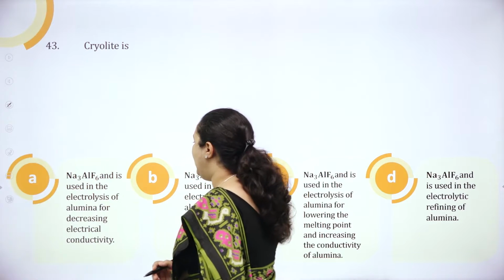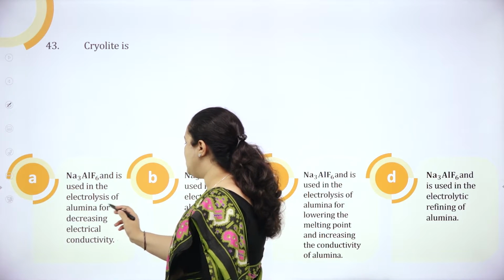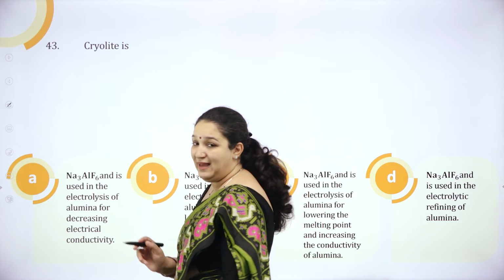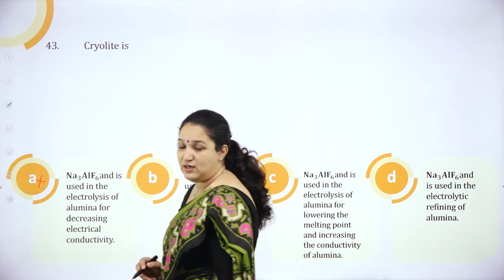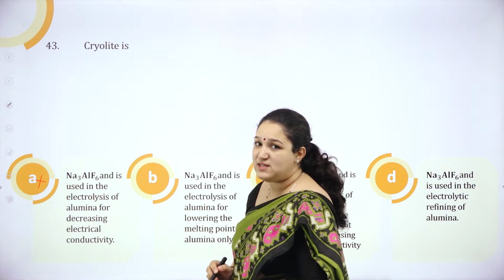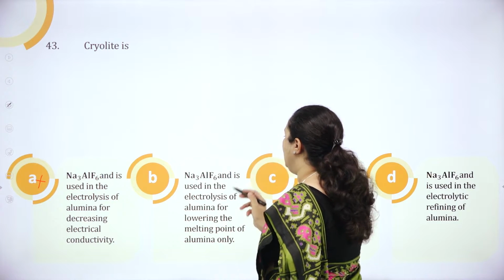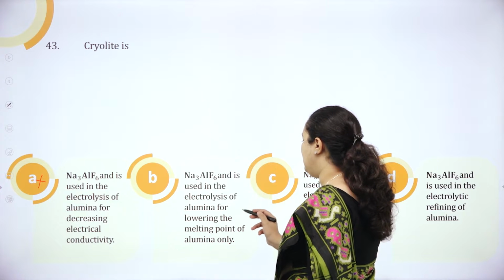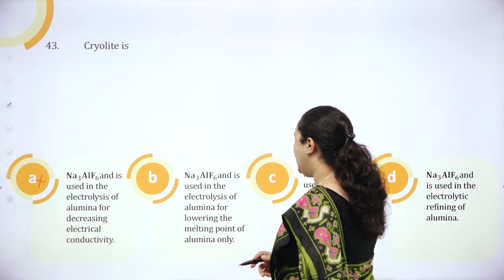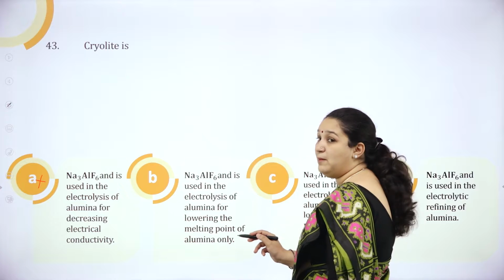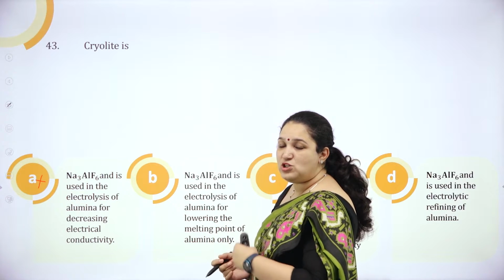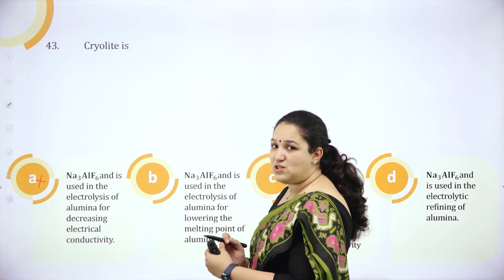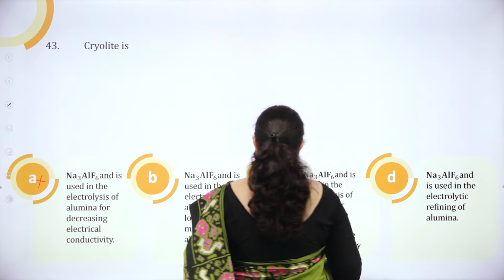Option A, cryolite is used in the electrolysis of alumina for decreasing the electrical conductivity. This is wrong. We are not decreasing the electrical conductivity. It is used to increase the electrical conductivity. Cryolite is used in the electrolysis of alumina for lowering the melting point. This is right, but not only lowering the melting point. We'll see whether the combination of lowering of melting point and increasing of conductivity is there in any of the options.